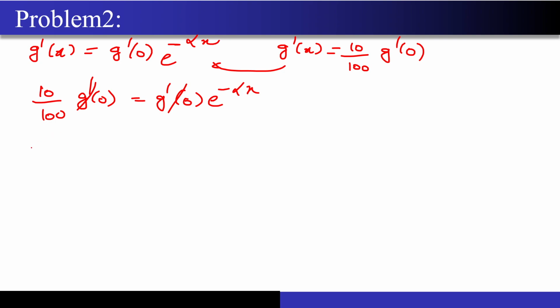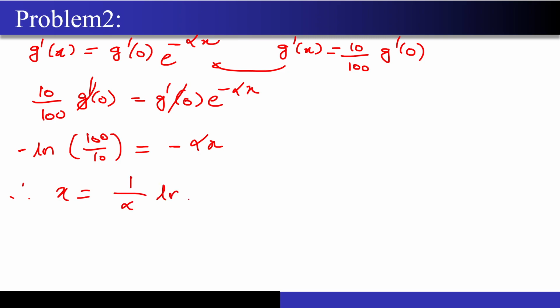Now what I have to do is take the log on both sides. So ln of 10 by 100, maybe minus ln of 100 by 10, is equal to minus alpha x. So x will be 1 by alpha into ln of 100 by 10.